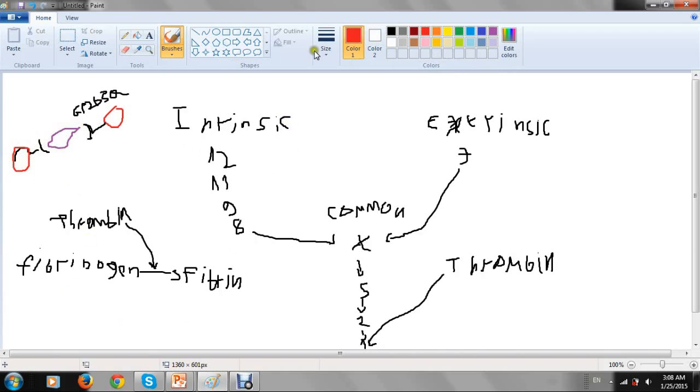So this thrombin will work on it and convert it to fibrin, making the platelet more stable. So this results in a stable platelet fibrin thrombus. So let's go back to the slide.